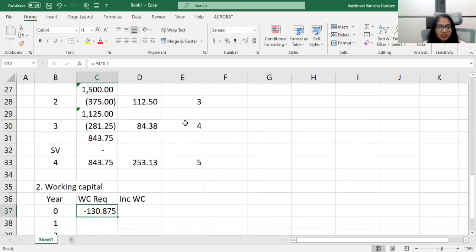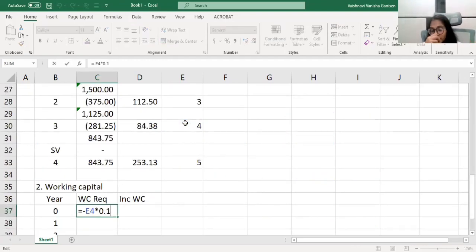Okay. Now I repeat, you have to find year 0 working capital, because year 0 working capital is an amount that you have to invest before you sell it in year 1, so you will have to invest it in year 0.